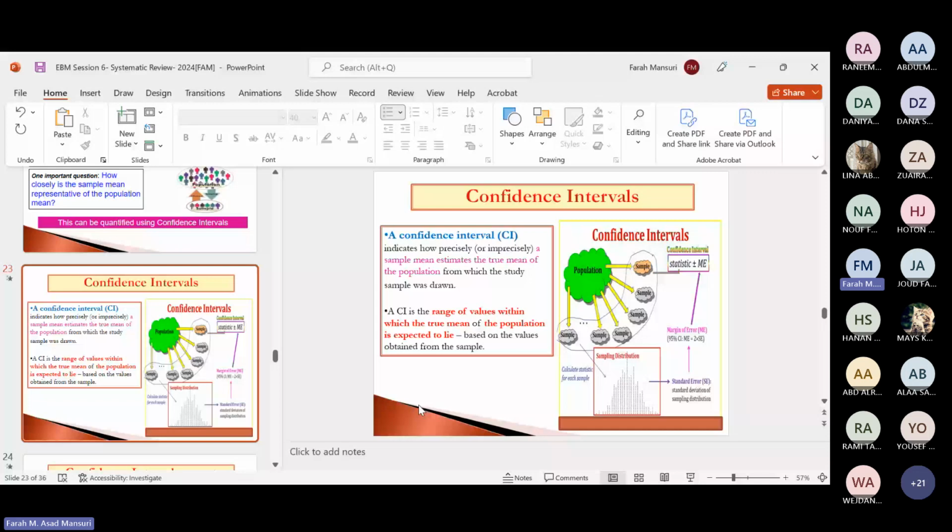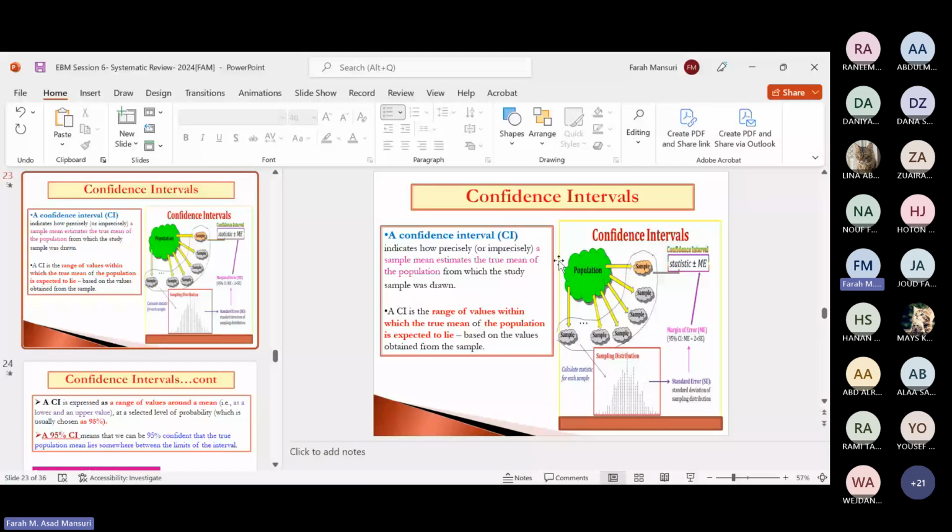The confidence interval, we know, indicates the precision of the study. That is, it estimates whether the true mean of the population is captured or not. If there are negative values and 0 is captured, that means it is not carrying the true mean, and that is not a significant confidence interval for means.